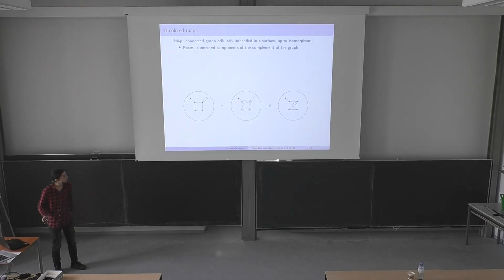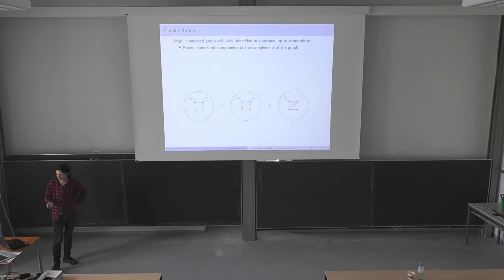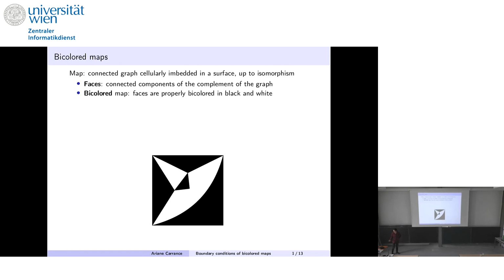This adds a new structure on top of the vertices and the edges of the graph, which are faces. And I'm going to talk about bicolored maps, for which faces are bicolored in black and white, such that every black face is only adjacent to a white face and vice versa.